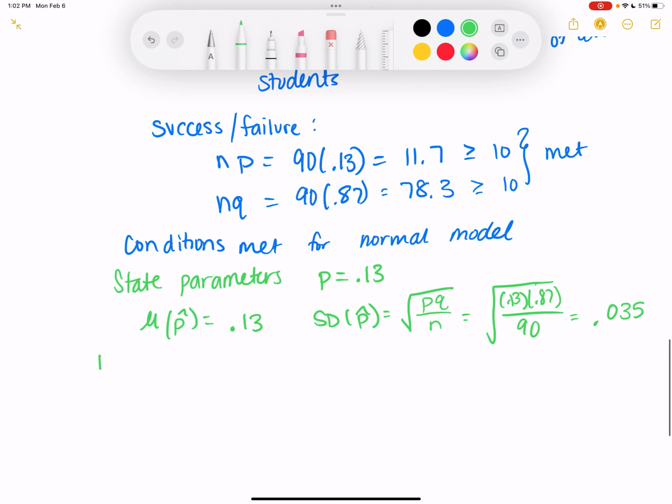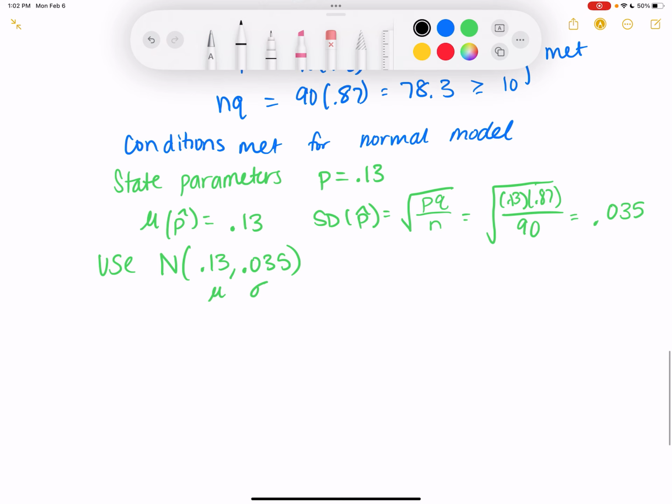So we're using the normal model of 0.13 and 0.035, so this is just mean and standard deviation for the normal model. So I'm going to draw a little curve here with the mean of 0.13.